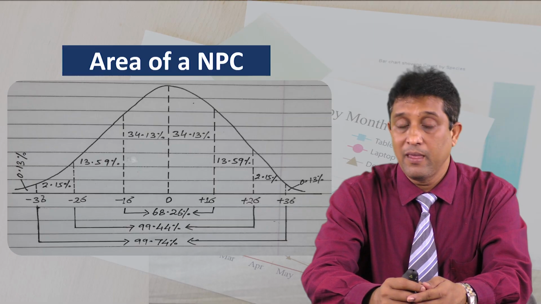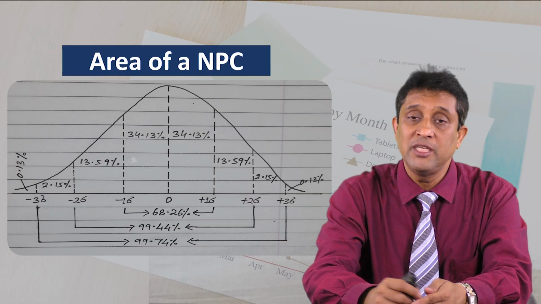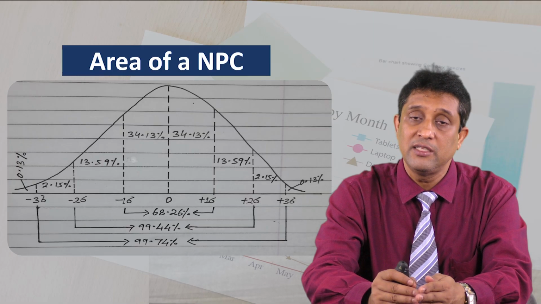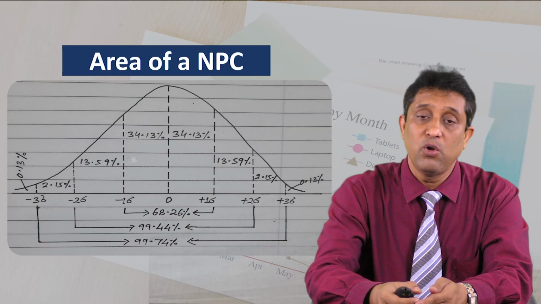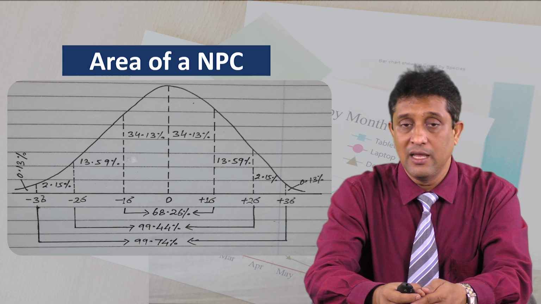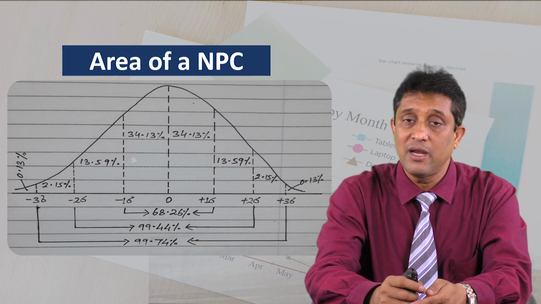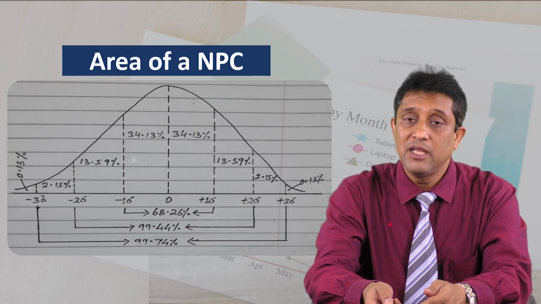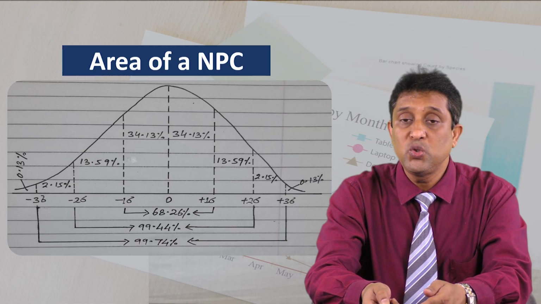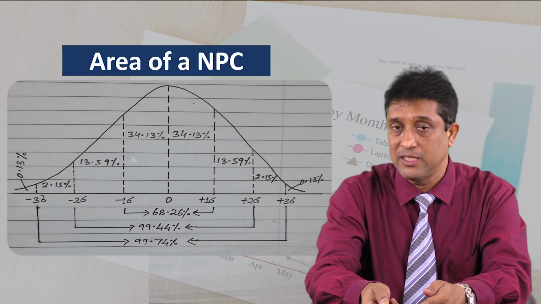the baseline. From 0 to the positive side 50% of the cases lie, and from 0 to the negative side also 50% of the cases lie. From 0 to +1 standard distance 34.13% of the cases lie, then +1 to +2 standard distance 13.59% of the cases lie, and from +2 to +3 standard distance 2.15% of the cases lie.